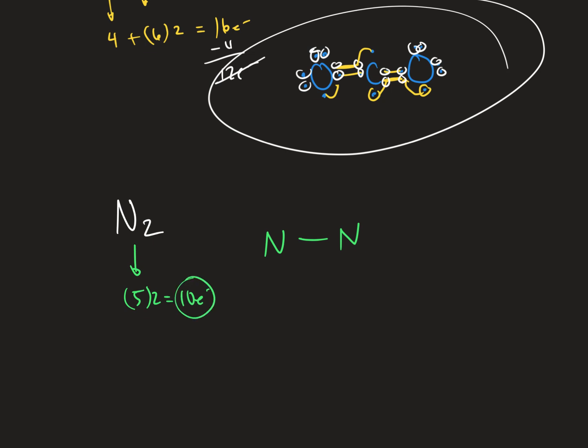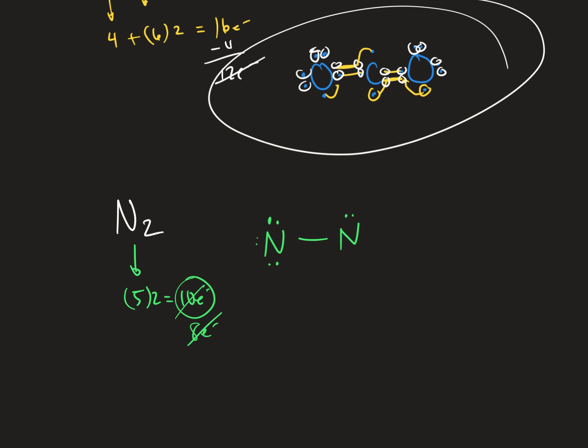Did you guys all count 10 electrons? How many did we use so far? 2, so we have 8 left. Put them around the nitrogens. 2, 4, 6, 8. We don't have any more.